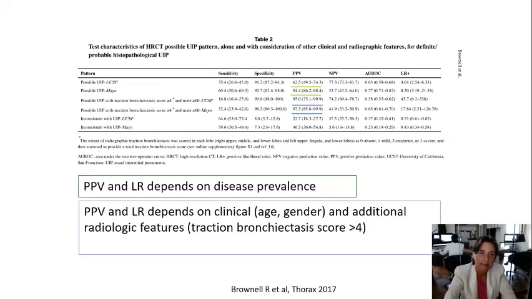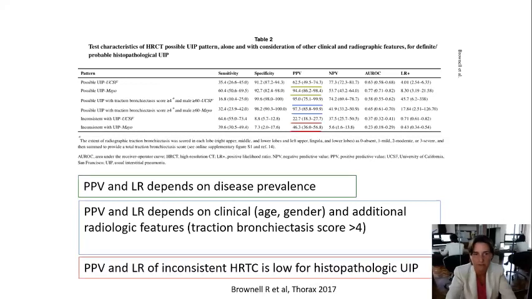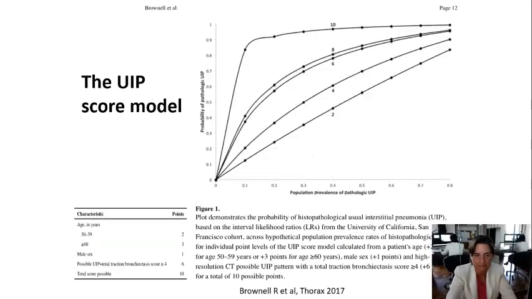Adding other elements, clinical and radiological, such as gender, age, and a high traction bronchiectasis score, then you see that regardless of the prevalence, you can reach a positive predictive value higher than 90%. And of course, when you have an inconsistent HRCT scenario, the positive predictive value is always low. So in this context, the biopsy is always indicated.